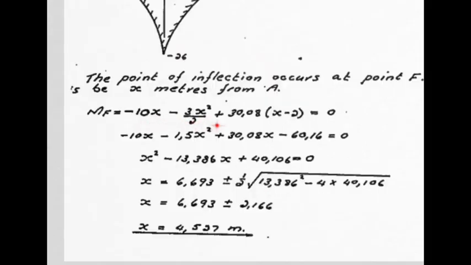So now we have all of this equal to 0. So we can simplify matters a little bit, and we end up with a quadratic equation, and we can solve for x. Remember how it worked? We had ax squared plus bx plus c equal to 0, and x was equal to minus b plus or minus root b squared minus 4ac all over 2a.